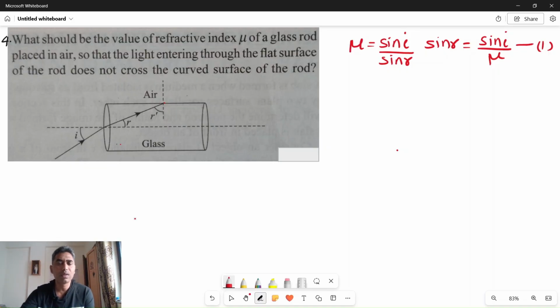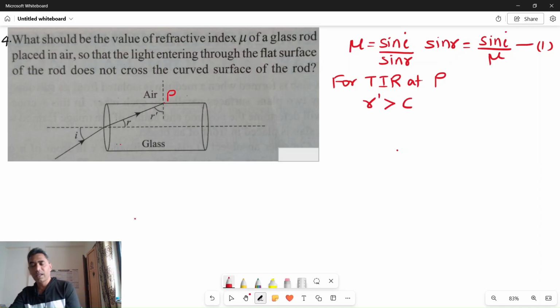So you can call this point P for total internal reflection at point P. R dash should be greater than the critical angle C, correct?